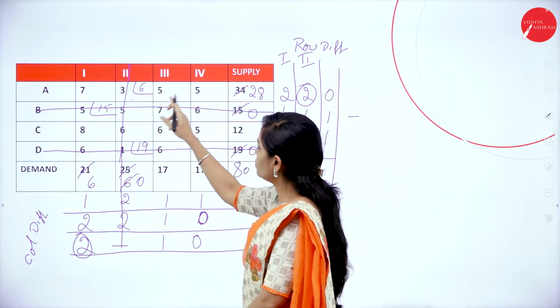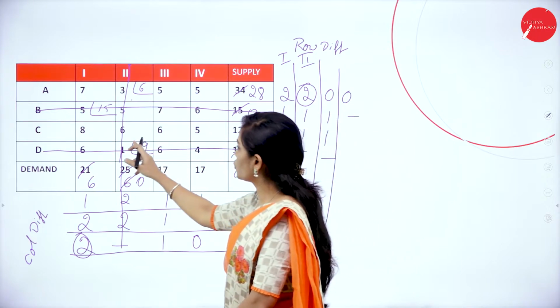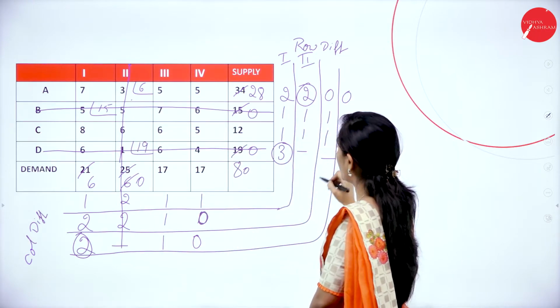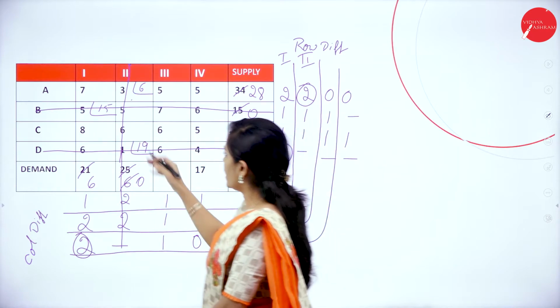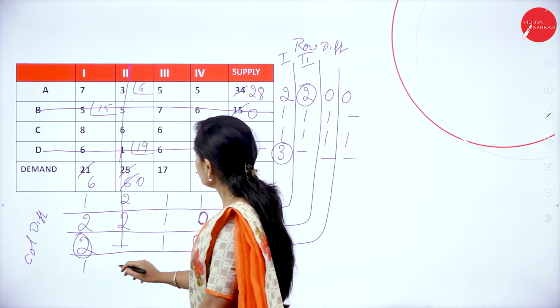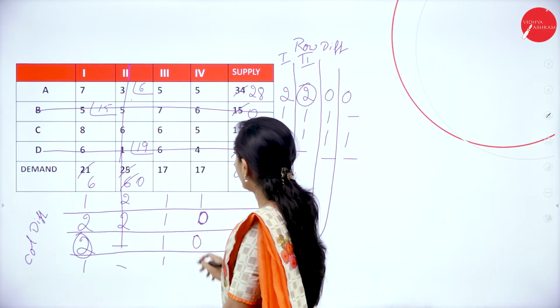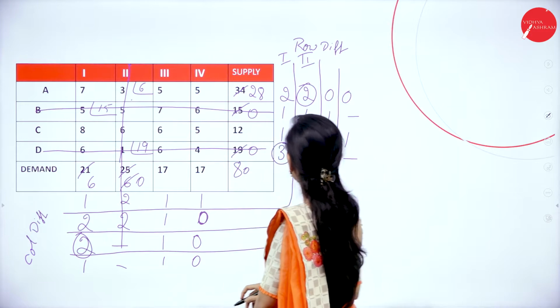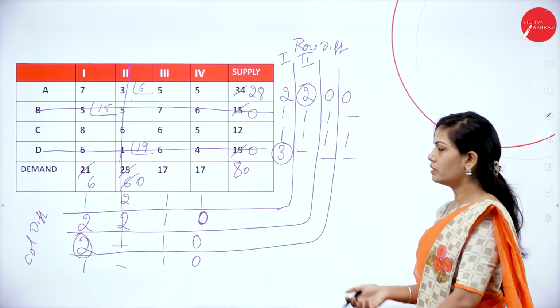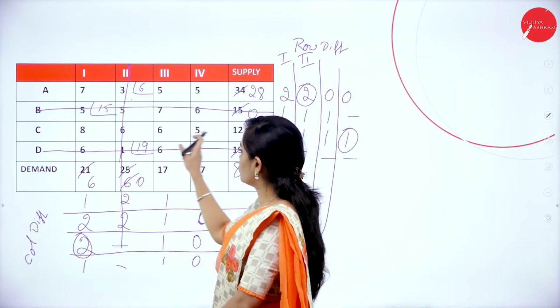In the first row, 5 minus 5 is 0 and in third row 6 minus 5 is 1, and again column difference 7 and 8 difference 1, and third column 5 and 6 difference 1, and again 5 minus 5 it is 0. So highest penalty cost is 1. You can select any one. So I will select this row.